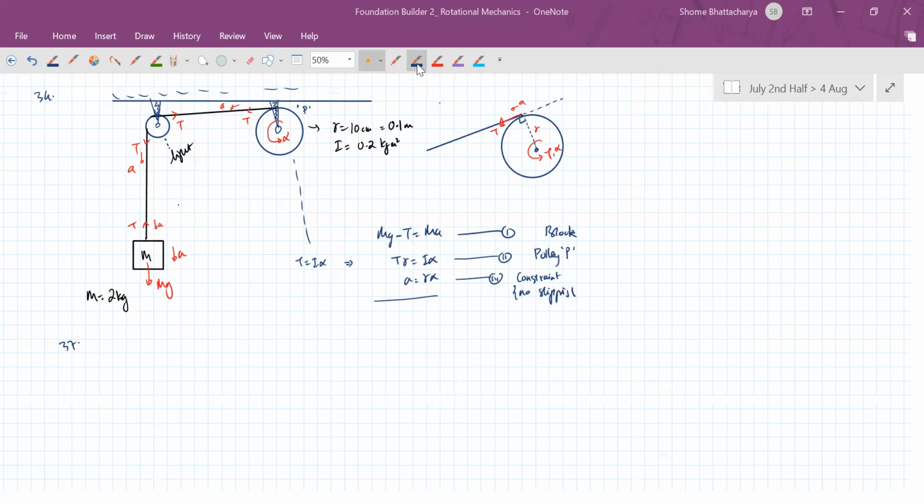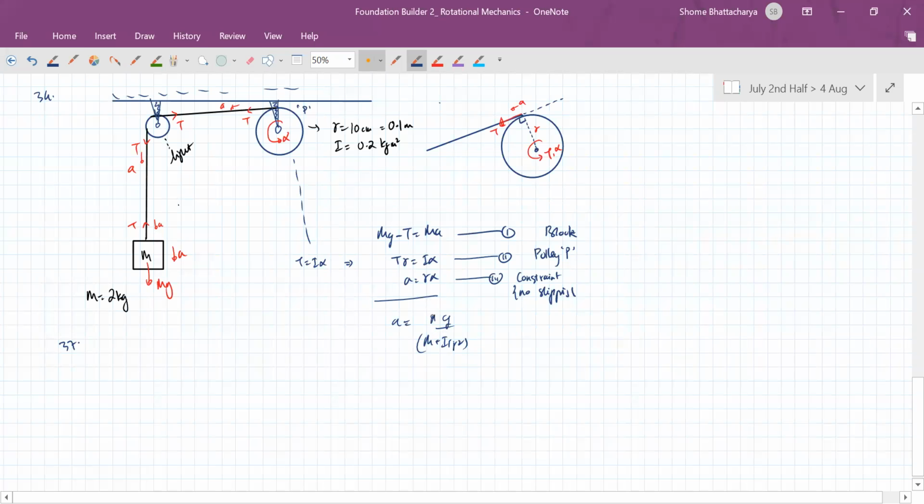Okay, people. So hope you finished with this question. So you will get the acceleration as how much? mg upon m plus I by r square, right? And that will come out to be 2 upon 2 plus how much is I by r square.